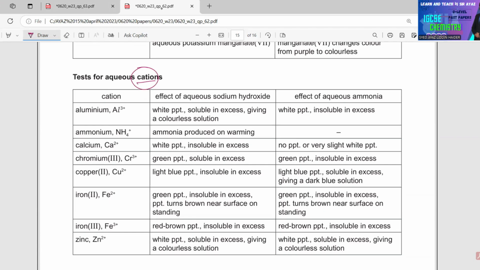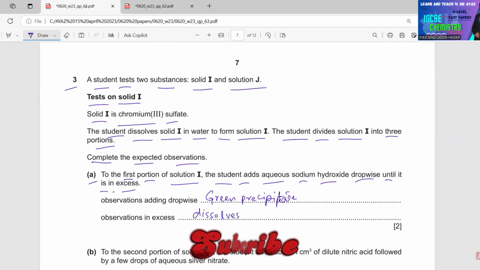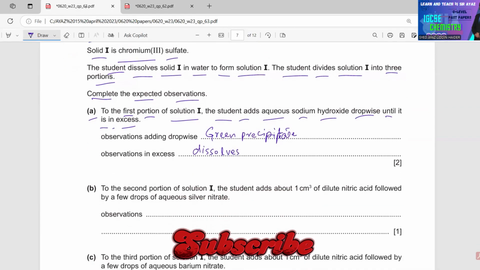So we must have Cr3+ ion, and with aqueous sodium hydroxide it will give a green precipitate, which is soluble in excess. So you write green precipitate. Observation in excess: dissolves, because it is soluble in excess.